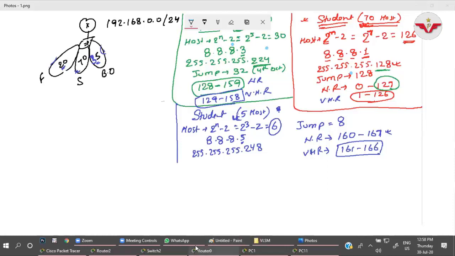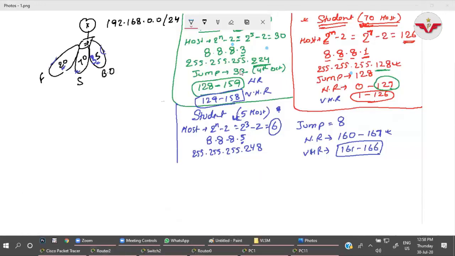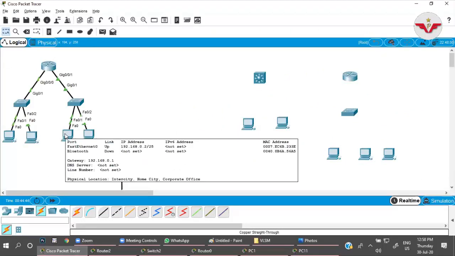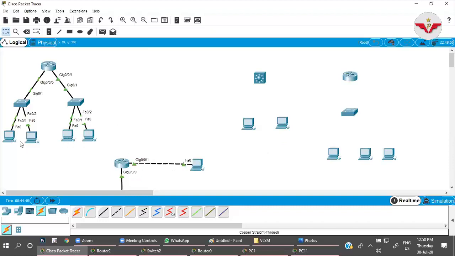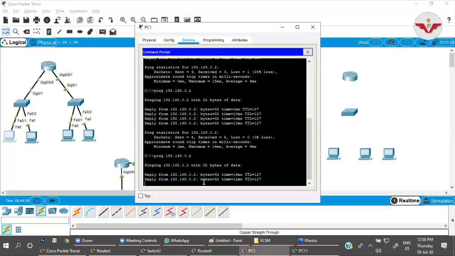I have configured it in such a way that the router knows about those directly connected networks. As the router has the routing table information of both networks, it is able to ping. From this PC, 0.130, I'm trying to communicate with 0.2 of this different network. You can see it's replying, 0.2 is responding.